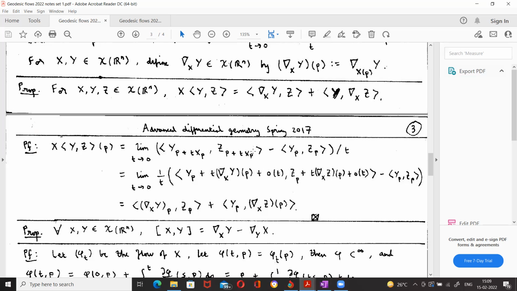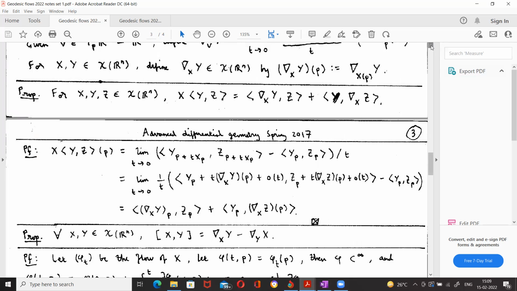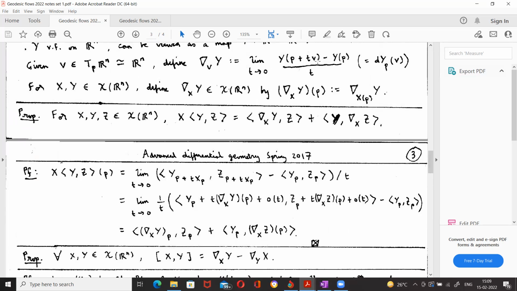Now we use the definition of the covariant derivative. It was a directional derivative along this straight line, right? So that means Y at the point p + tv will be equal to Y_p + t∇_vY plus a term which is little o of t.